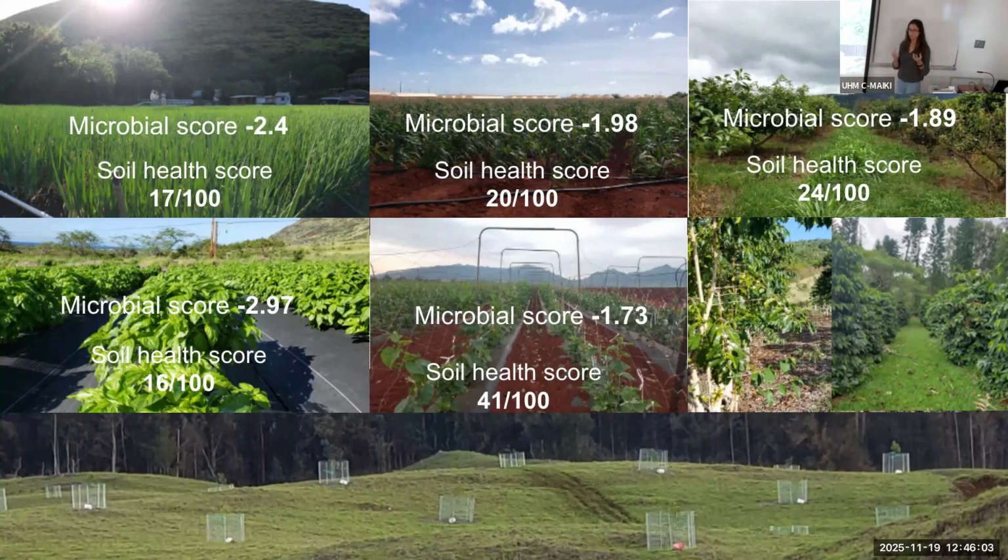I forgot to mention, but the way that the score is calculated, if it is positive, it means that the microbial community present in the soil sample is more similar to the ones that are present in the high soil health scores, and vice versa if it's a negative value. And we can see how this changes as the soil health score also changes.